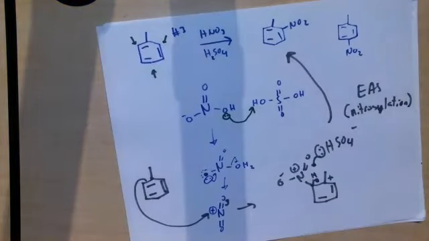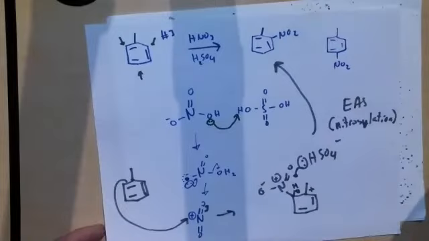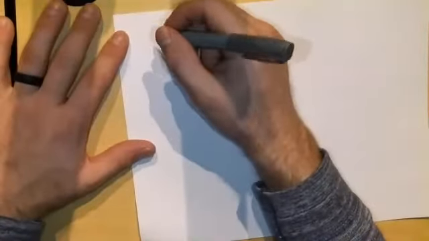Okay. Our next one is going to be an alkylation. So we're adding carbons to this. This looks a lot like the chlorination mechanism. If we take, let's do this with something interesting.